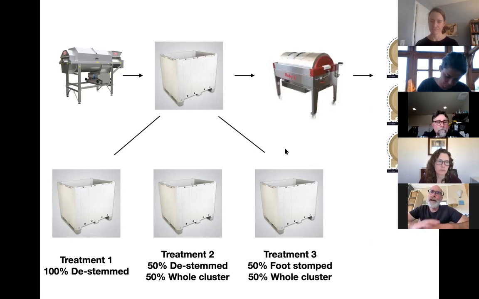Inoculated the lower half, sorry, and then covered. And then I did a hybrid of those two, which was half destemmed bin, and then whole clusters on top of that. Also inoculated.